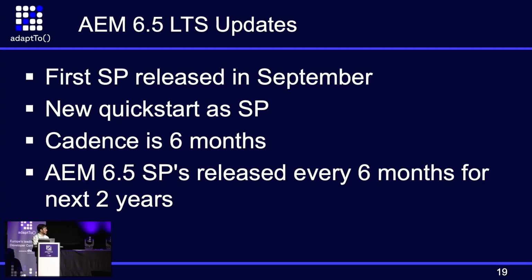For 6.5 also, the cadence is the same, 6 months, but these service packs will be provided for the next 2 years only. So please start working on upgrading your environments to AEM 6.5 LTS and get the power of the new Java versions that we have.